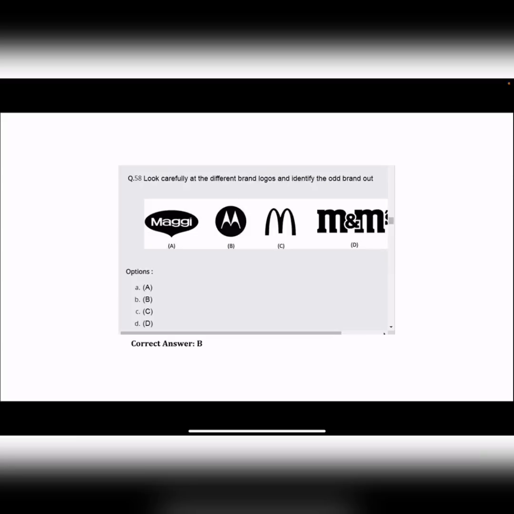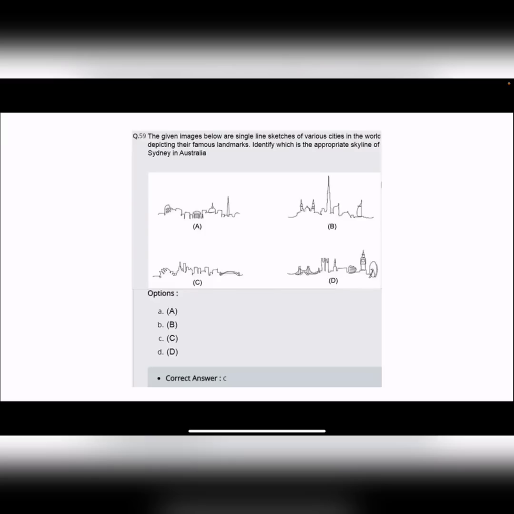മാഗി, മക്ഡൊണാൾഡ്സ്, M&M. Then, the given images below are single line sketches of various cities in the world depicting their famous landmarks.